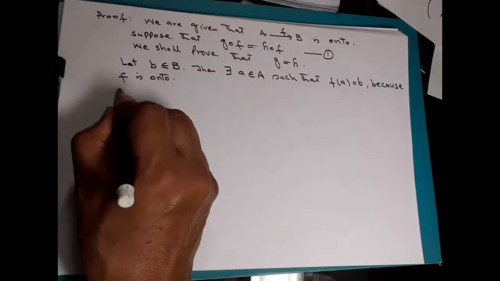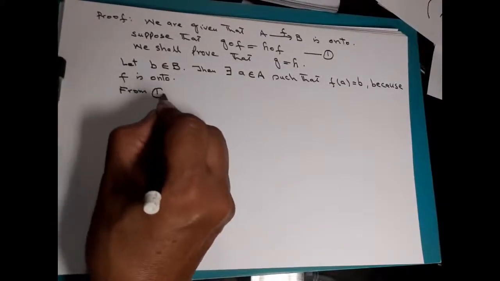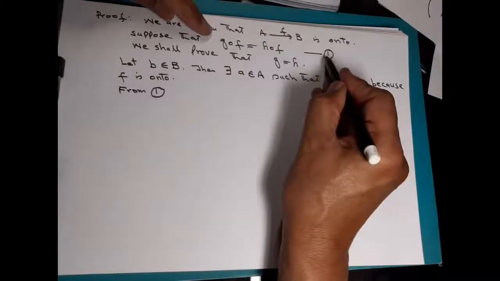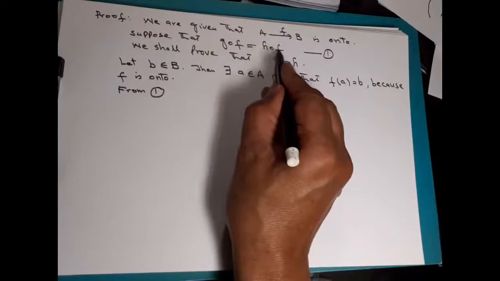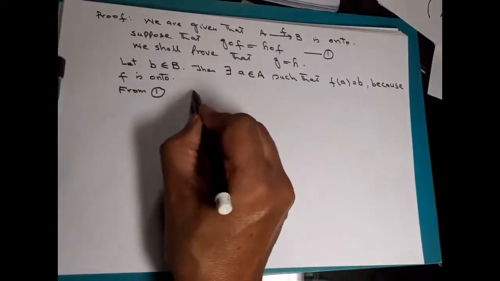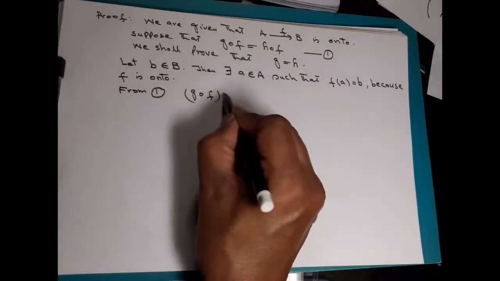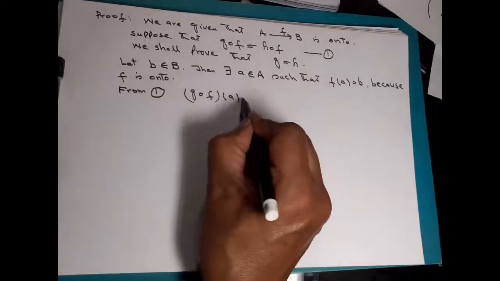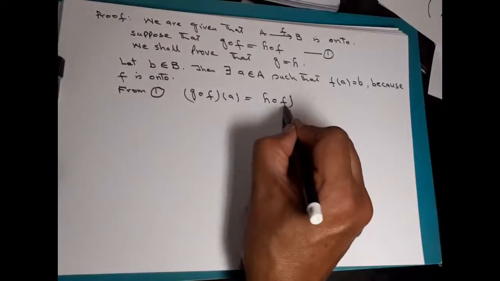Then from one, take the effect of G circle F and H circle F on this particular a. Then from one, the effect of G circle F on a is equal to the effect of H circle F on a.